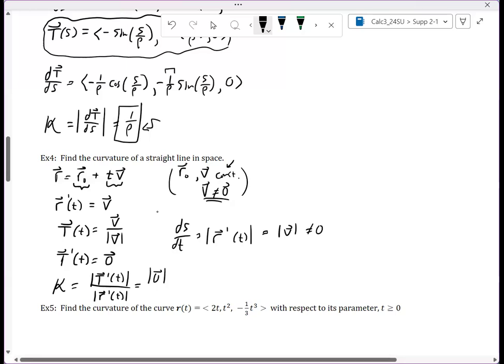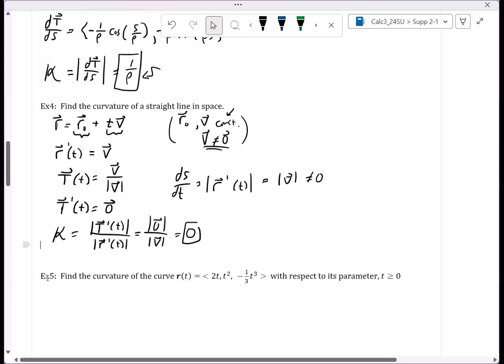The length of the 0 vector over the length of v, which is just 0. So the curvature of a straight line in space, I have verified, is 0. That's also consistent with my intuition.